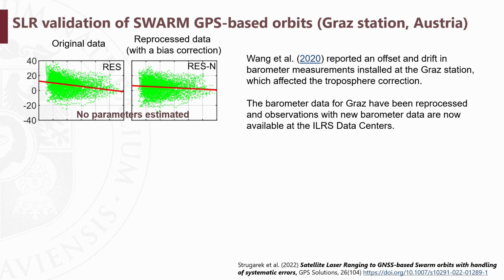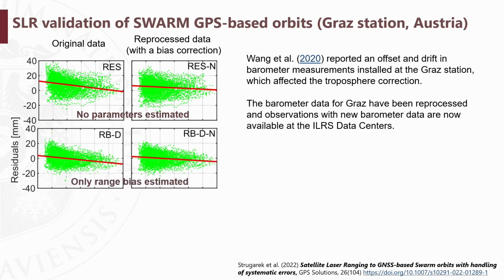And here we have the elevation-dependent residuals based on original data as they were originally sent to the ILRS data centers. And here we have the analysis after correcting these data. These are data to Sentinel satellites without estimating any additional parameters.